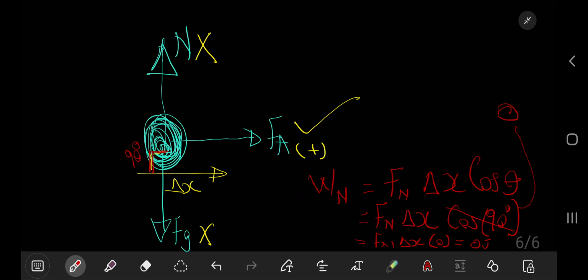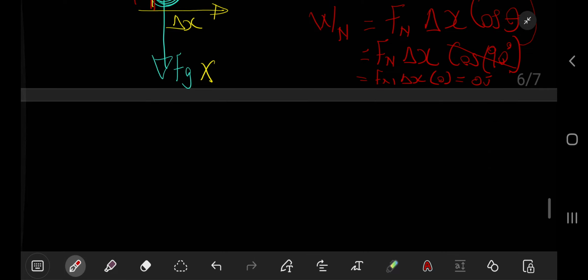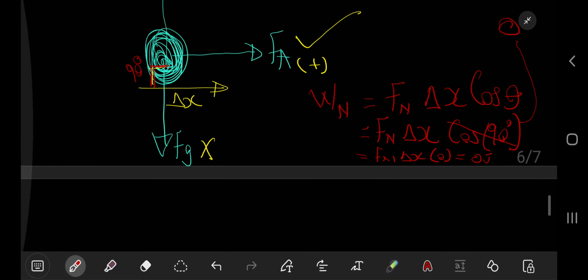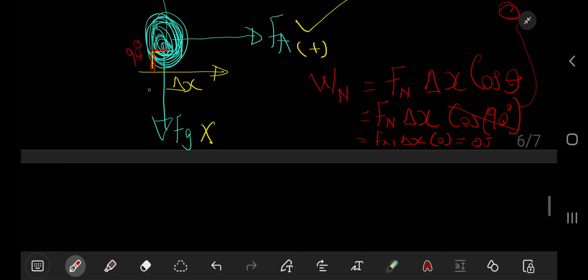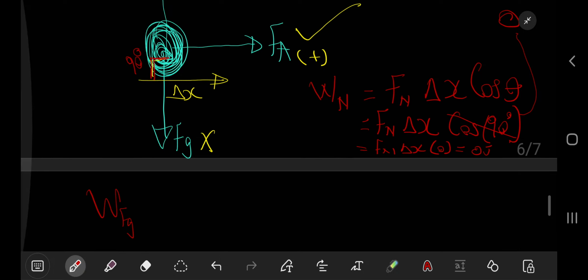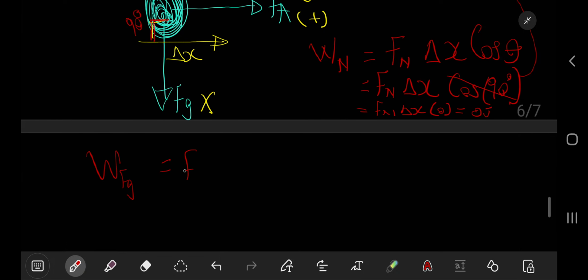This is the reason why forces that act perpendicular to the direction of motion, or to the displacement, do no work: they give an angle of 90 degrees, and cos 90 degrees is equal to 0. The same thing applies to the gravitational force. The work done by gravity would be the gravitational force, Fg, multiplied by the displacement, delta x, times cos of the angle between them.